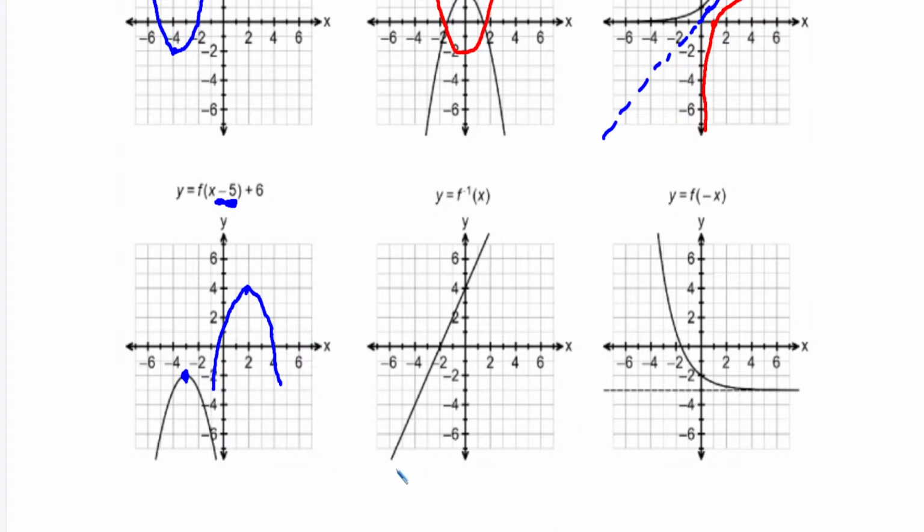The easiest way to draw this, apart from drawing in this line about which it will reflect, is just to swap the points around. This has got a y-intercept of 4. Remember, the point 4 is actually 0, 4. Swap that around, you get 4, 0. All right, this has got an x-intercept of -2. Swap that around, you get 0 and -2. And when you join those up, I've drawn this blue dotted line really badly in a bit of a rush, okay?